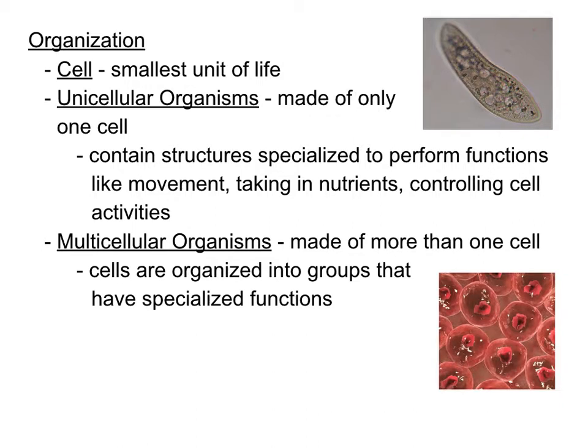So like the red blood cells all have the same function, which is to carry oxygen. The skin cells all have the same function, which is to help protect the body. The muscle cells all have the same function. So multicellular organisms have more than one cell, and those cells work together to do a job.